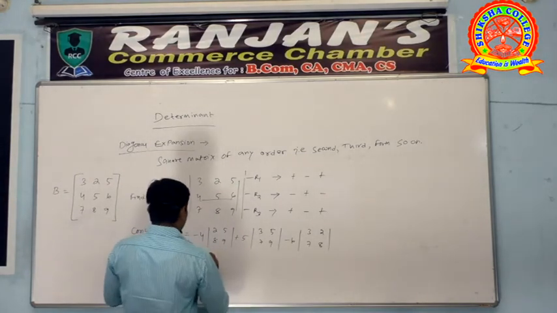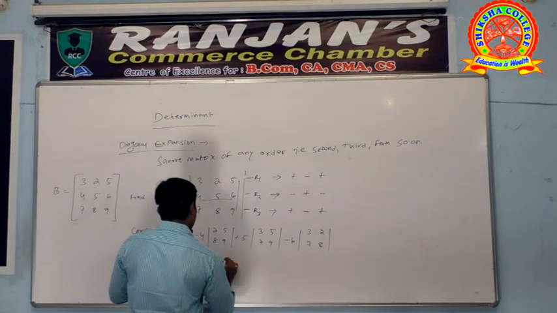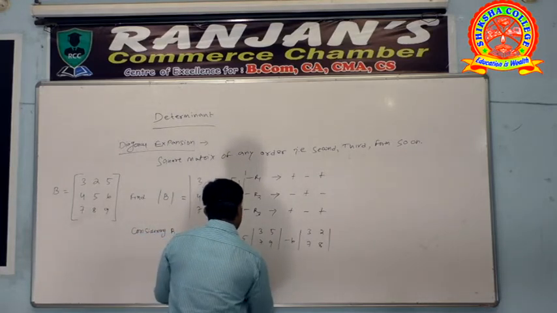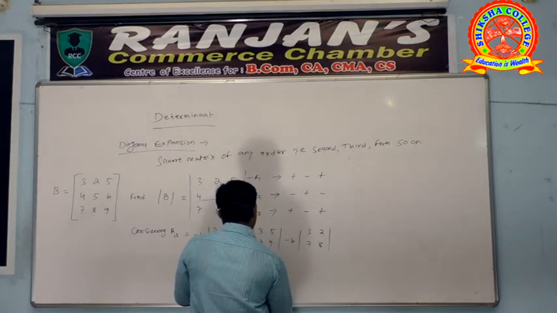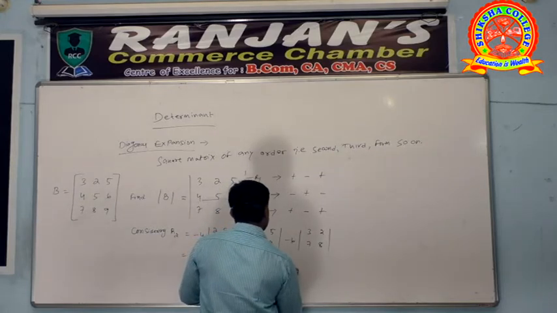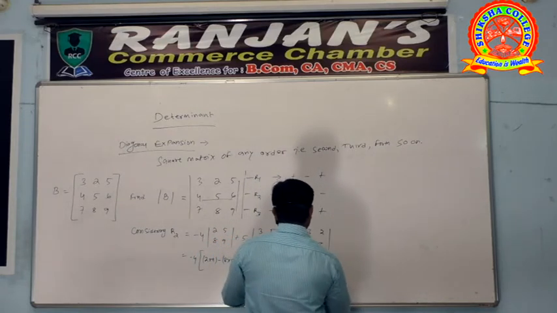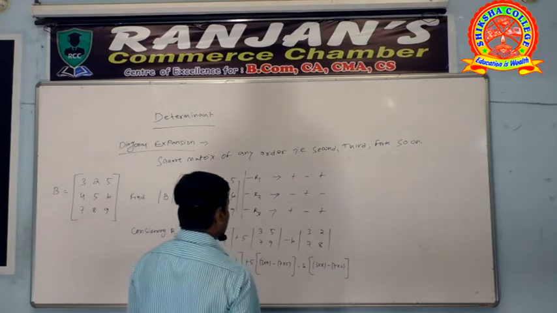Now minus 4 into 2 into 9 minus 8 into 5. Okay. Plus 5 into 3 into 9 minus 7 into 5, minus 6 into 3 into 8 minus 7 into 2.